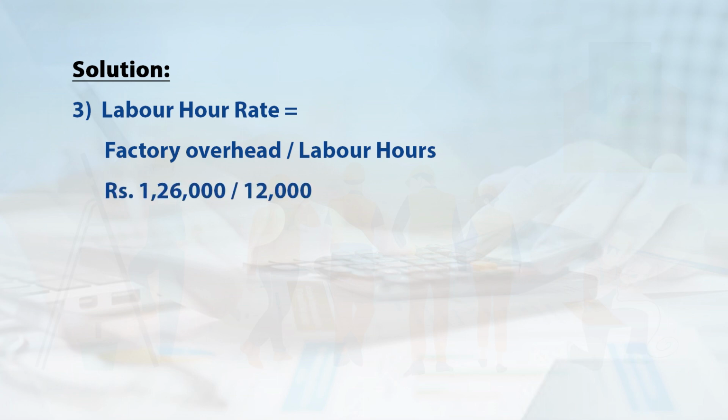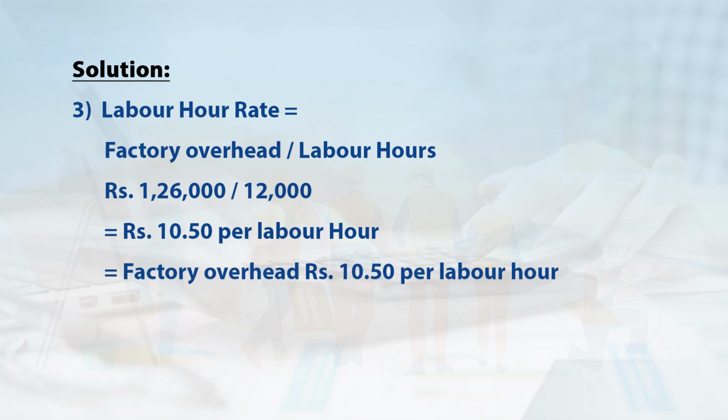Next we will calculate labor hour rate, and the formula is factory overhead divided by labor hours. Factory overhead given is rupees 1,26,000, labor hours are 12,000. Therefore, our rate per labor hour is rupees 10.50. It means that factory overhead is rupees 10.50 per labor hour. Next we will calculate machine hour rate.